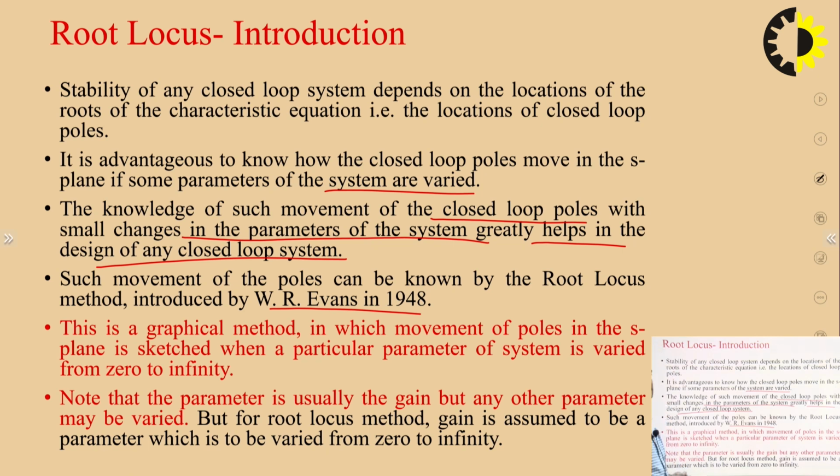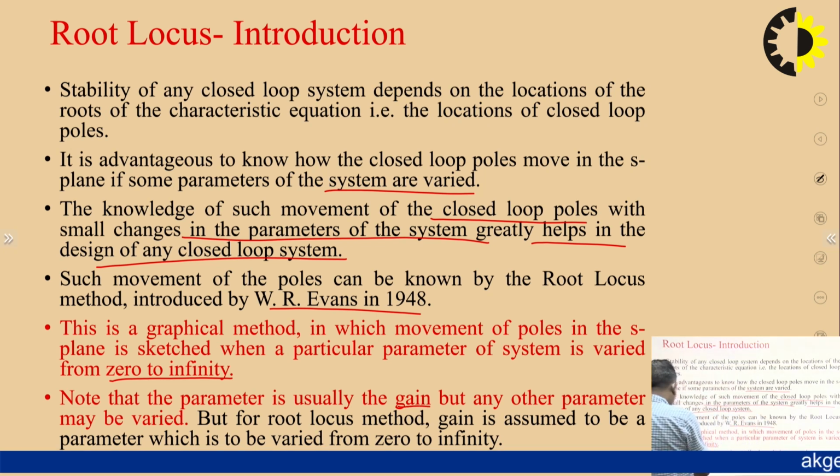This is a graphical method in which the movement of poles in the S-plane is sketched when a particular parameter of the system is varied from 0 to infinity. Note that the parameter is usually the gain, but any other parameter may be varied. For the root locus method, gain is assumed to be the parameter varied from 0 to infinity.